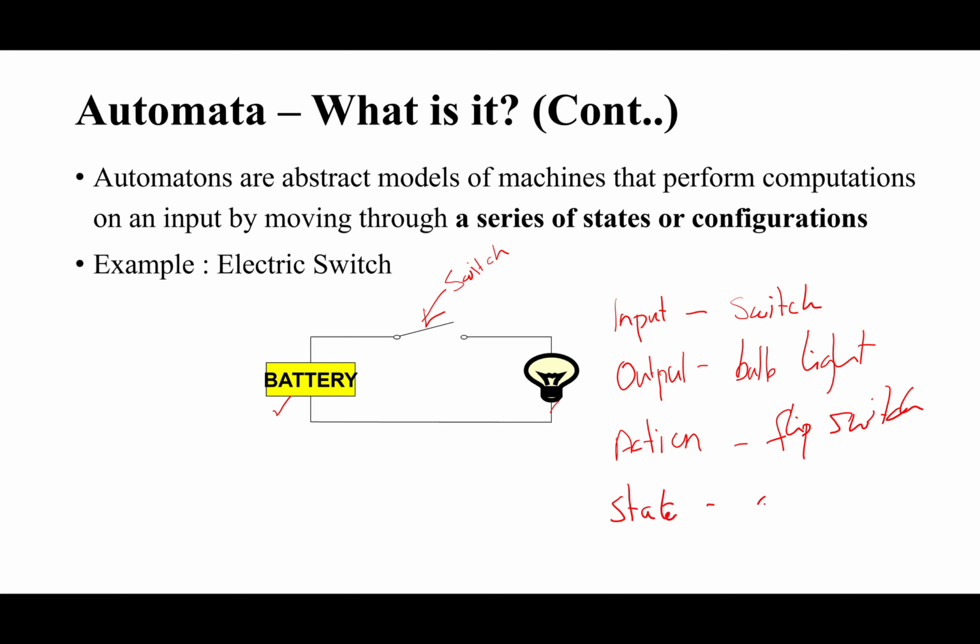The state is on and off. So there are two states, on and off. So this is an automaton. It is one of the automata we use in our daily life. And apart from this, there are more examples we use in daily life, like fan regulator and automatic door controller. So these are some examples of automata.